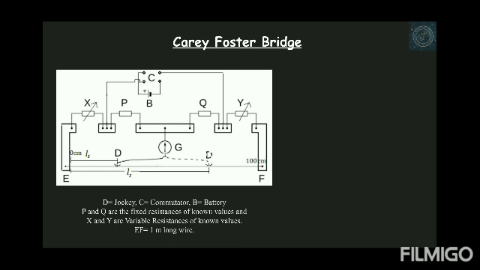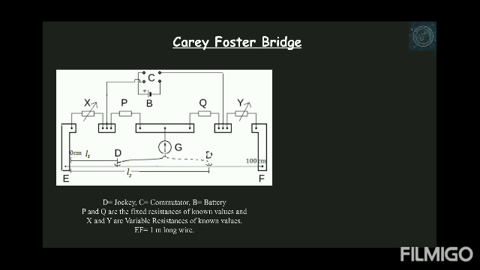Well, you have seen this picture. If you haven't, well, it is in front of you right now. You can see that it contains a simple meter bridge. It's not really too tough to understand. The left hand side gap has been replaced with an X, the right gap has been replaced with a Y, where X and Y are variable resistances. P and Q are known fixed resistances.